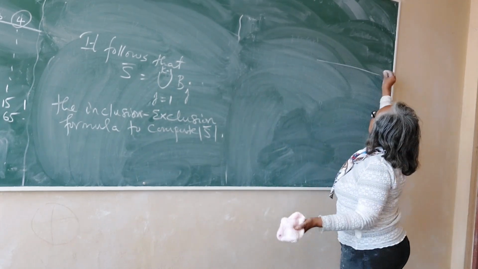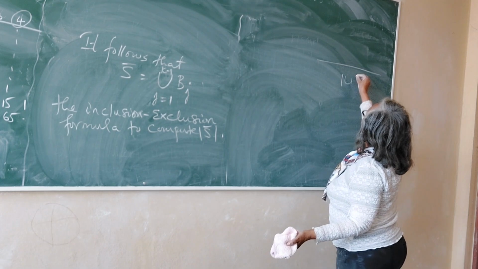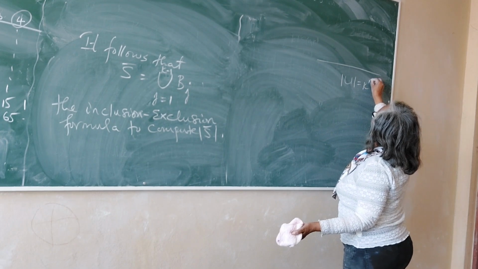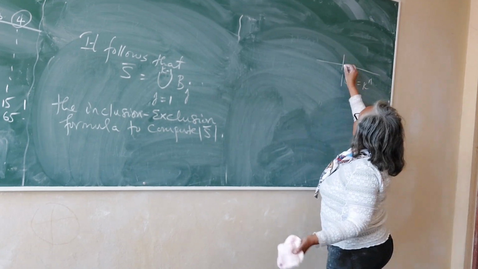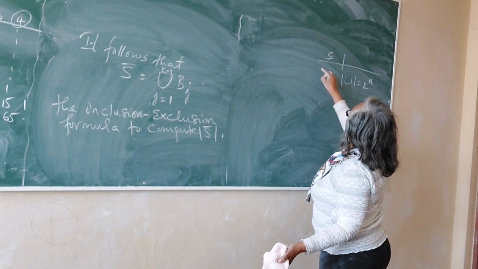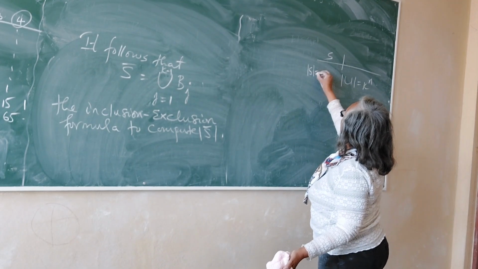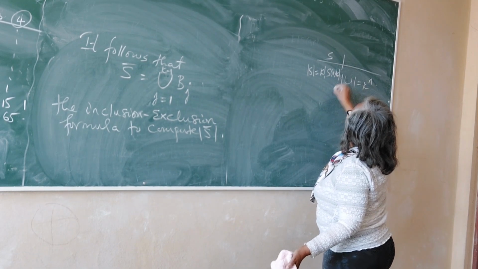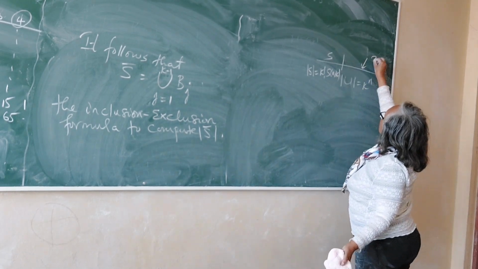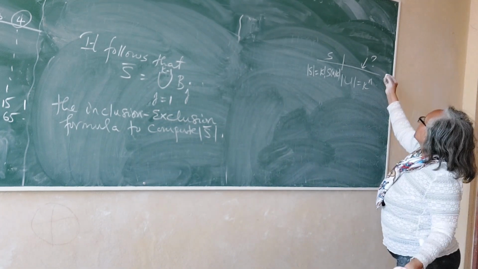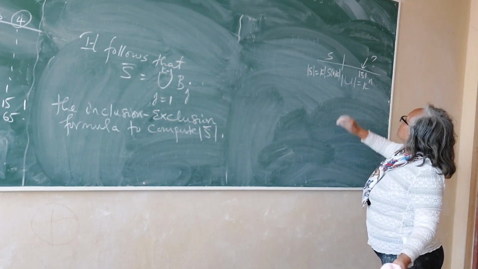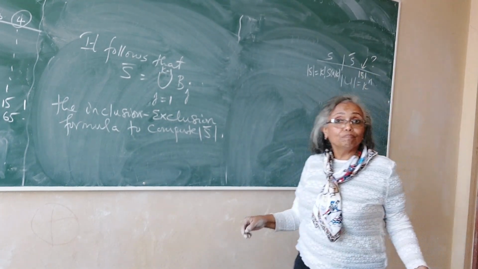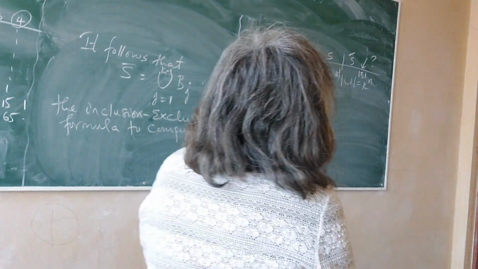Say the whole universe is here. We know that this is k to the power of n. Here we have S; the size of S is k factorial times S(n,k), and that is what we are looking for. The size of S bar is what we're going to compute.